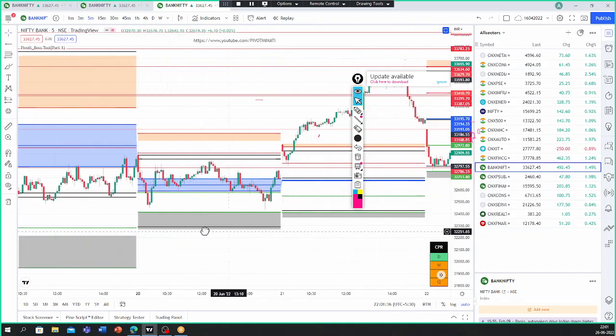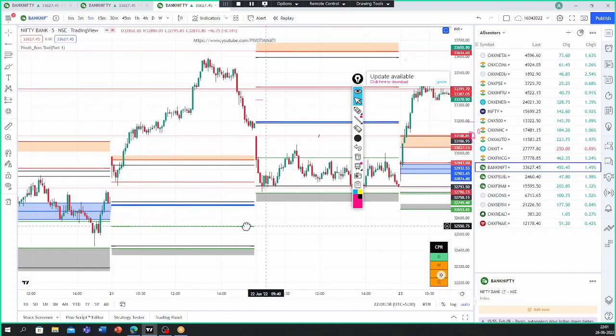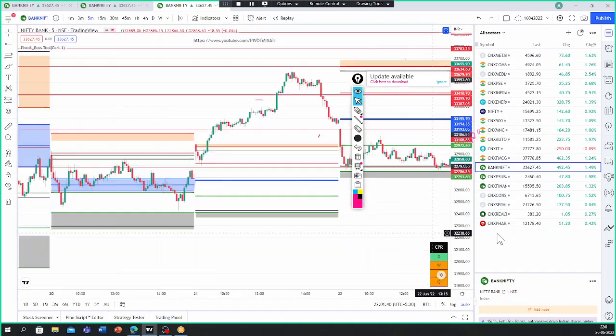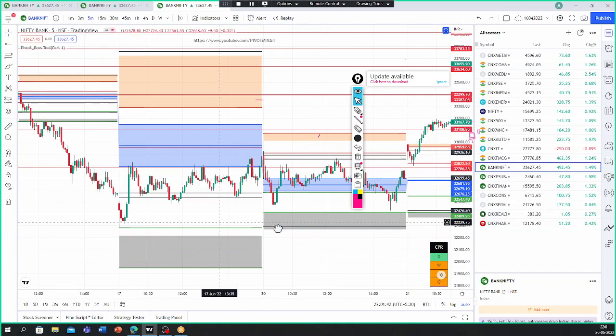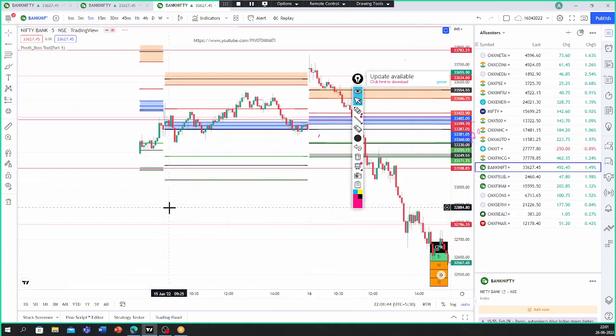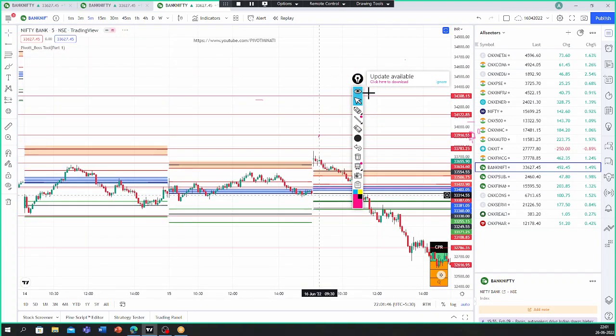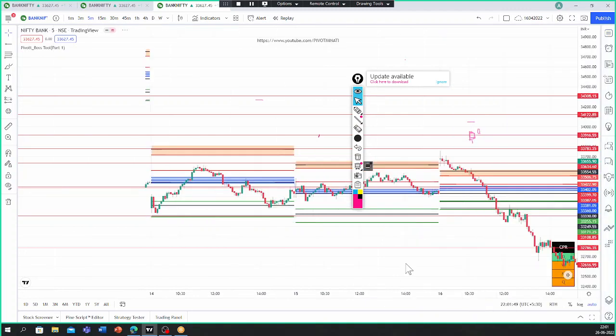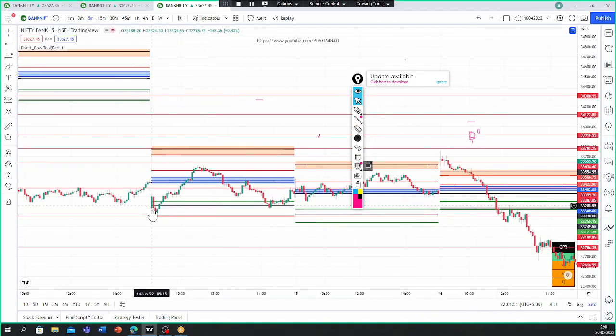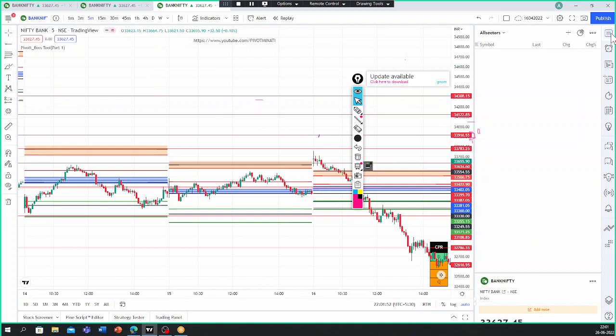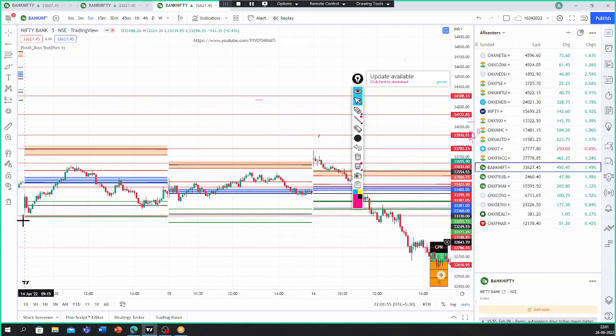Okay, on this date, on 14th, before the market opens, you will see in TradingView where your Bank Nifty is opening.